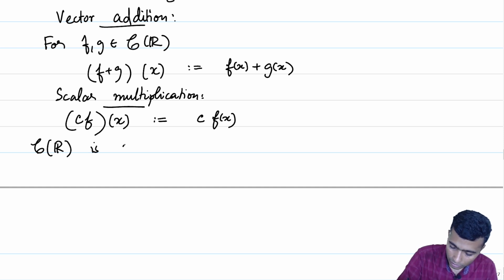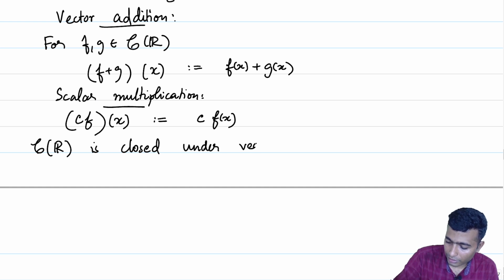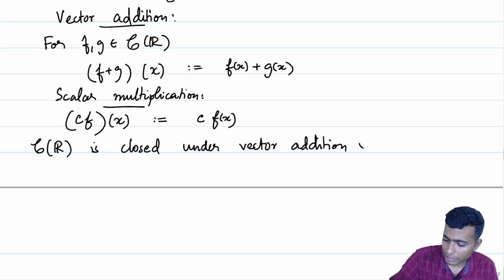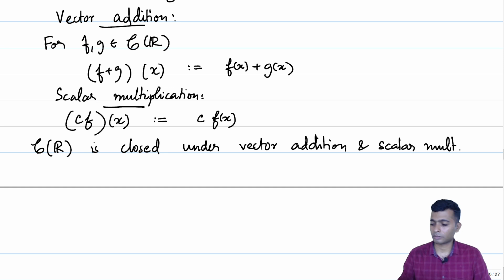C of R is closed under vector addition and scalar multiplication. Okay.